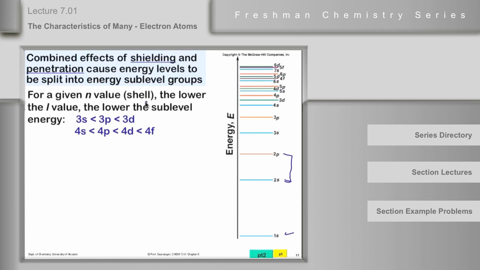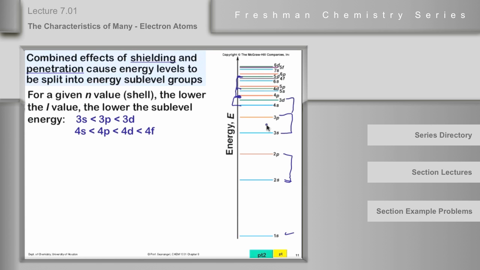So for a given n value, which is a given shell, the lower the L value, the lower the sublevel energy, more negative. So 3s is below 3p, is below 3d. And 4s is below 4p, is below 4d, is below 4f.